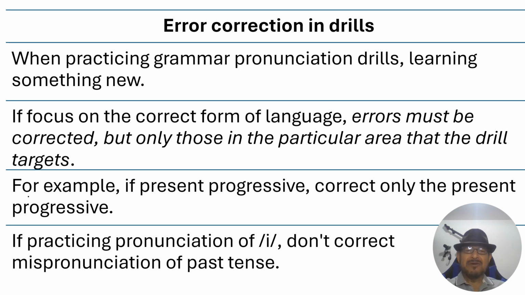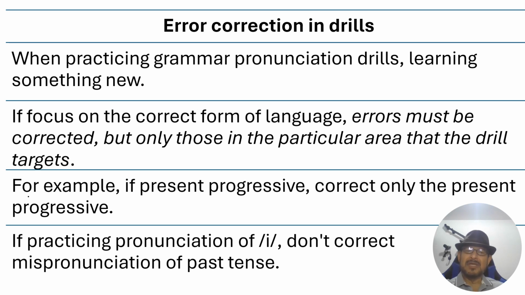And what about error correction in drills? Well, when students are practicing grammar or pronunciation drills, they are learning something new. The focus is on using the correct form of the language. Therefore, errors must be corrected, but only those in the particular area that the drill targets.